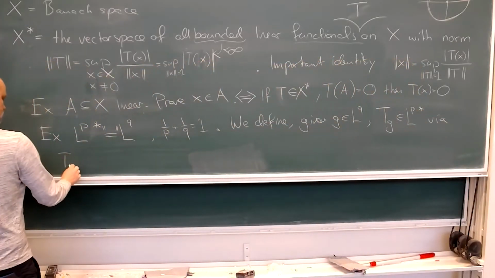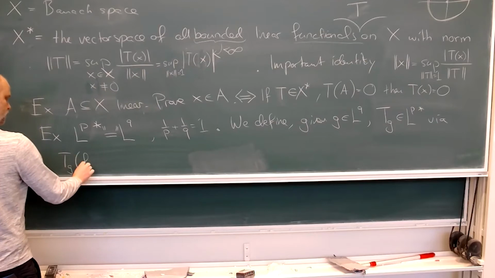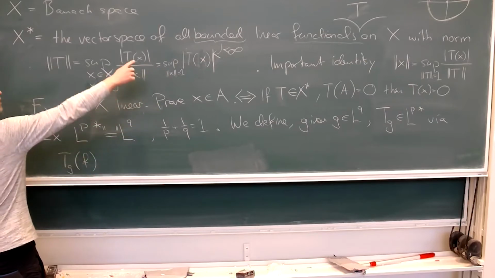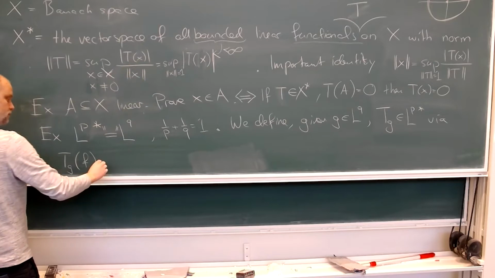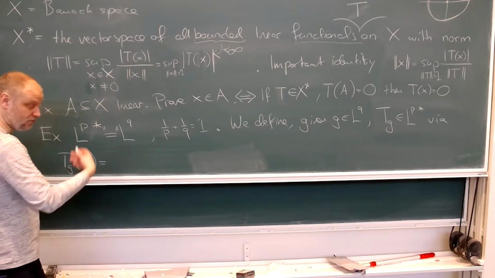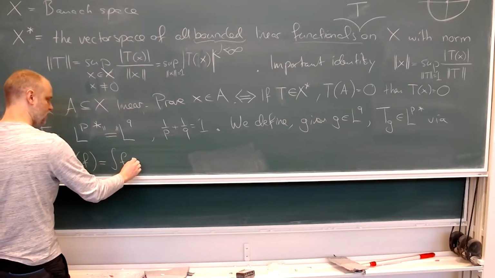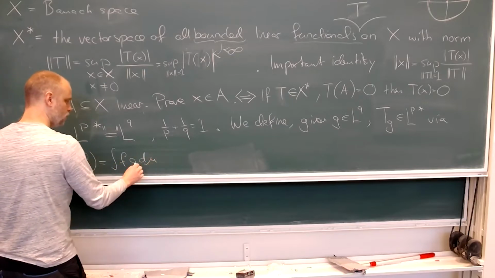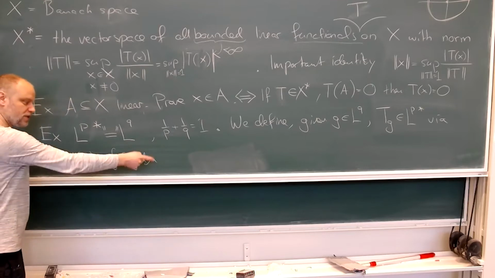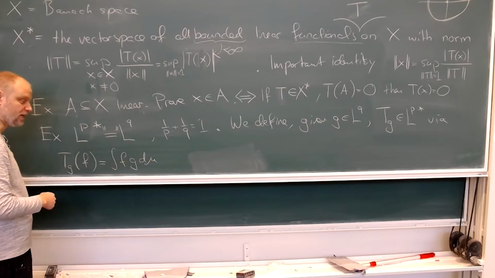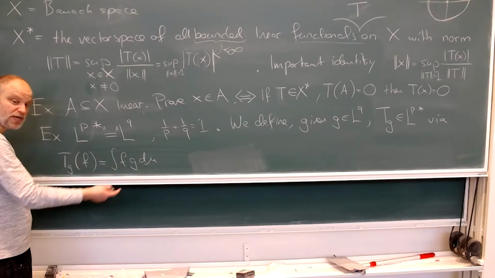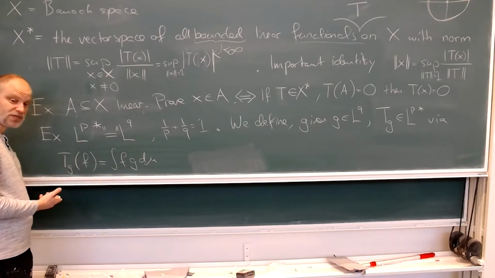T_g applied to the function f, so I use f instead of x now, because we usually use f for functions, that's the only reason. I integrate f against g d mu, and by Hölder's inequality we know that this is a finite number. It is linear, we know that because the integral is linear.